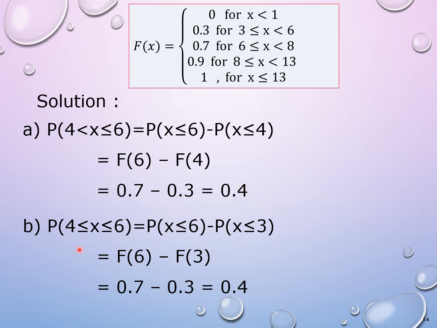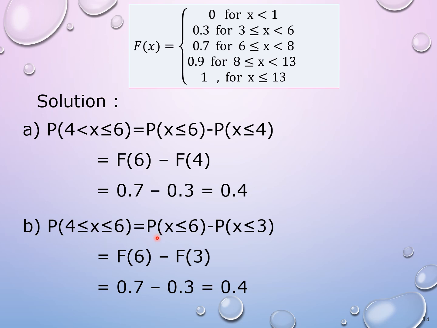Done with that. For B, find the probability x greater than or equal to 4, less than or equal to 6. This is quite similar to the previous one. The only difference is the sign over here: this is less than, but this is less than or equal. The rest is the same.